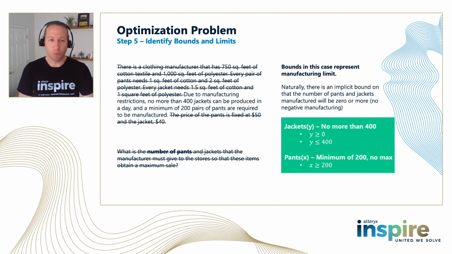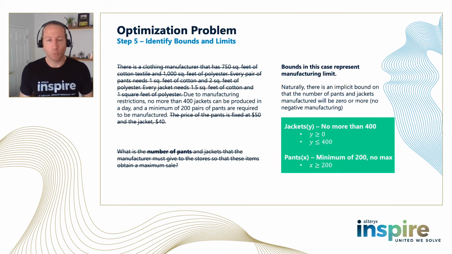Now let's look at what happens when we introduce our bounds and limits. You can think of bounds and limits as business rules. Are there any restrictions that anyone's placed on you? Generally from a business standpoint, we don't have more than 750 and 1,000 square feet of fabric.